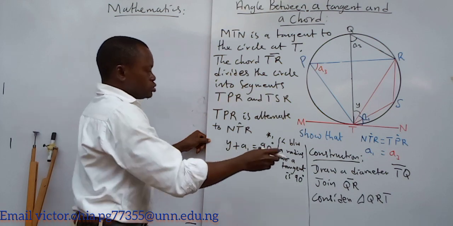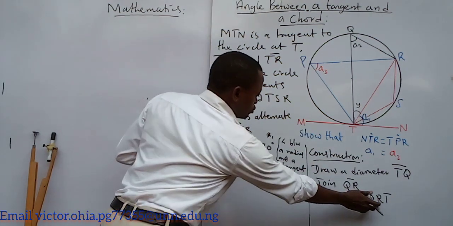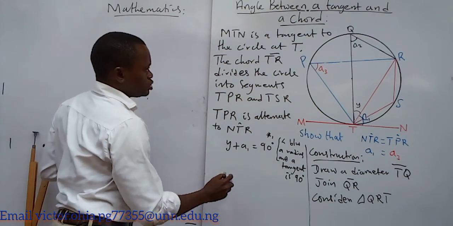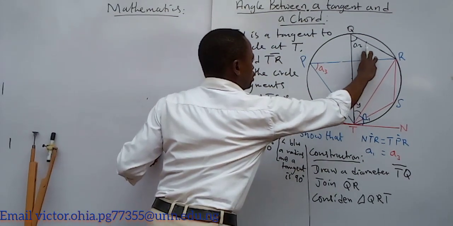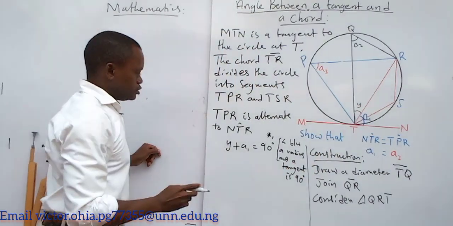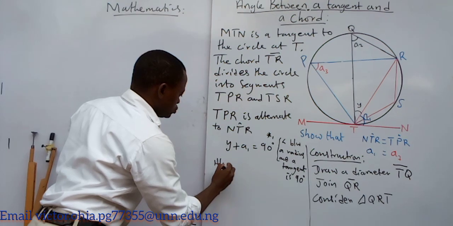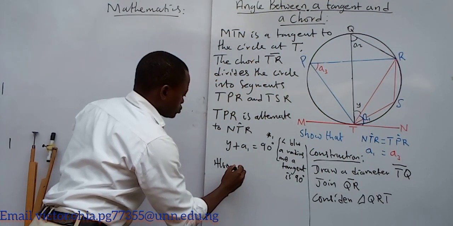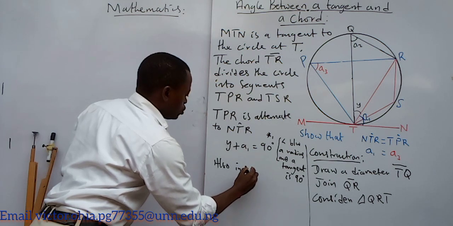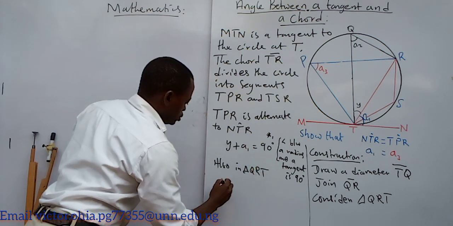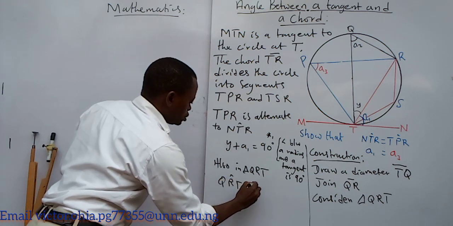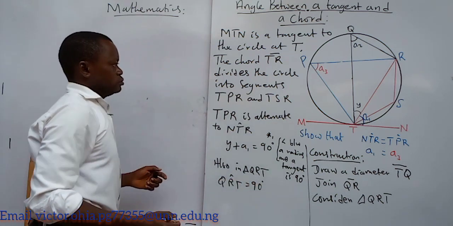Also in this triangle QRT, angle QRT is 90 degrees. How?